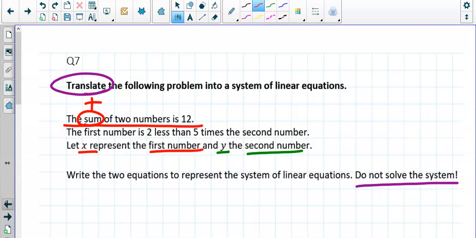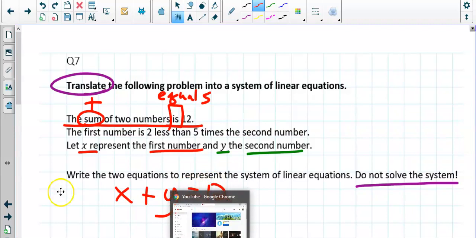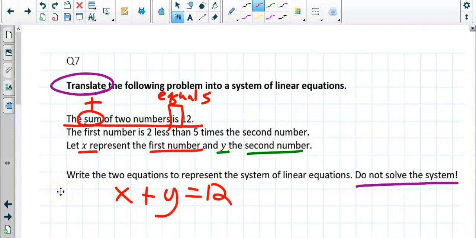No, that's the x and the y that we have down here. Your equations have to have those variables in it. So sum of two numbers is just x plus y. Remember, is, I told you in class, is just a fancy way of saying equals. So equals 12. There's your first equation.